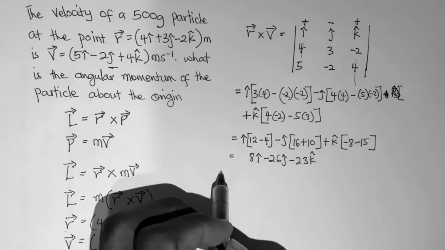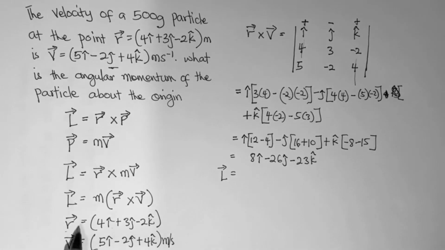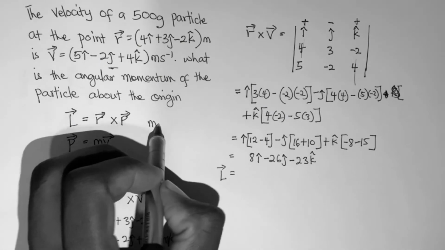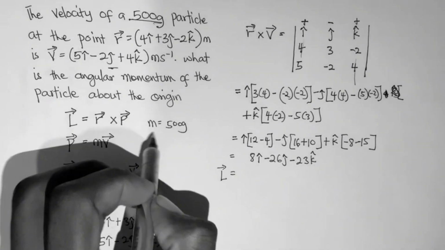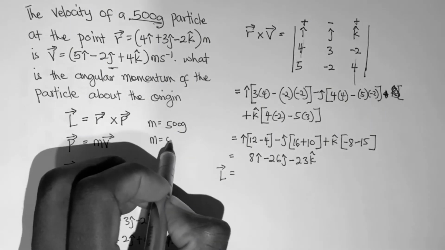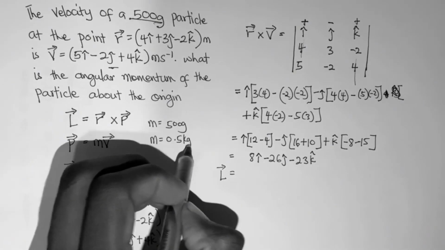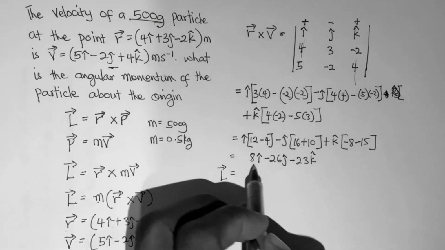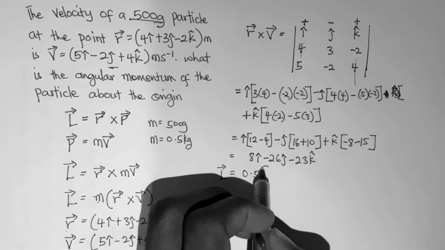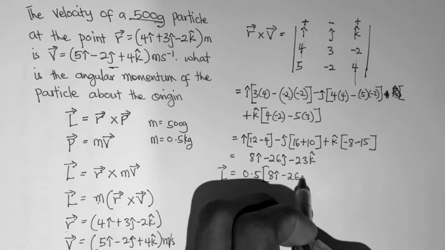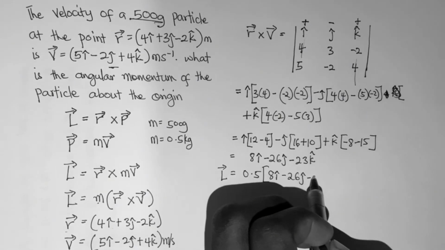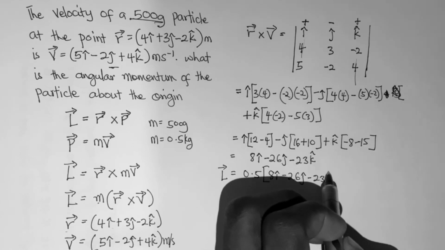So now to find the angular momentum, remember we said angular momentum is mass times r cross v, but the mass m was given as 500 grams. This 500 grams is the same as 0.5 kilograms, and therefore the angular momentum is equal to 0.5 times 8i minus 26j minus 23k.